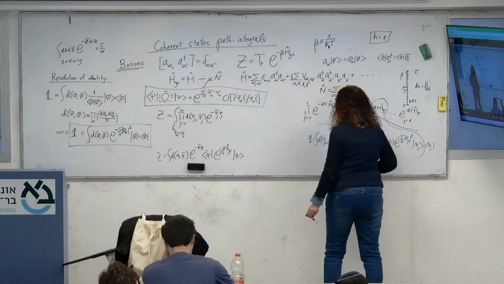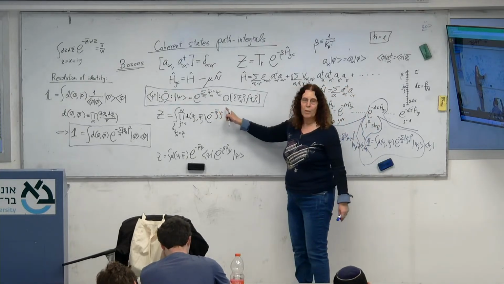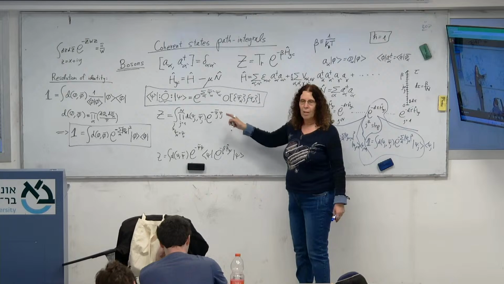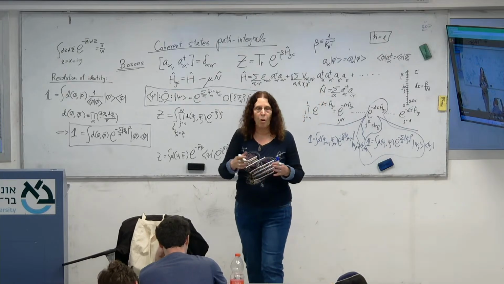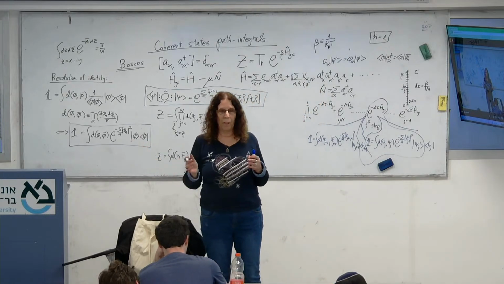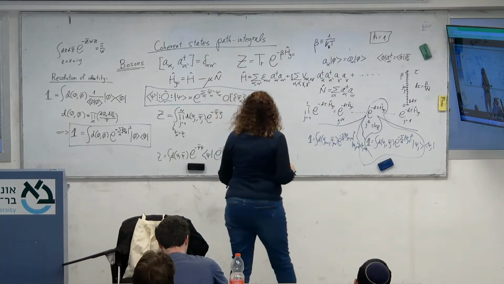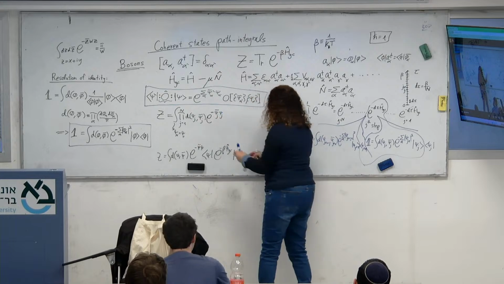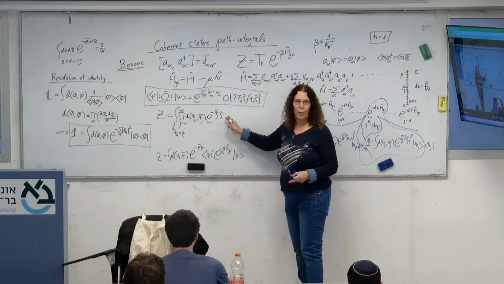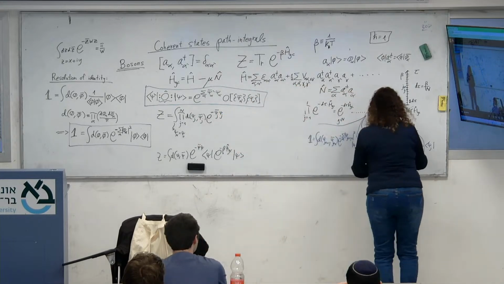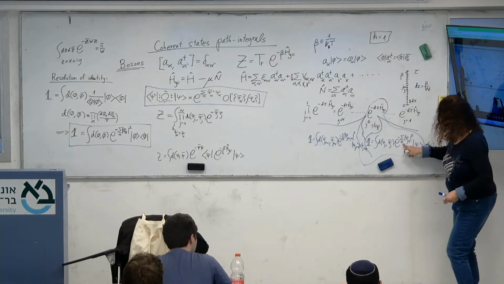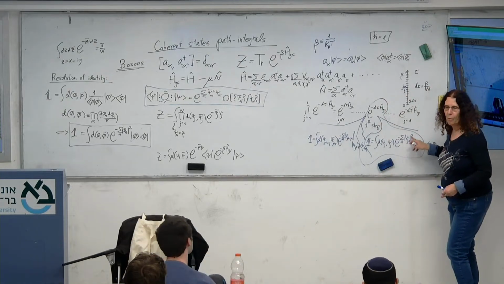Okay, well, what do I mean by this? Each of the psi j's is itself a vector of many complex numbers psi j alpha. And this is just a scalar product, which you can explicitly write as the sum over alpha of psi j alpha squared.